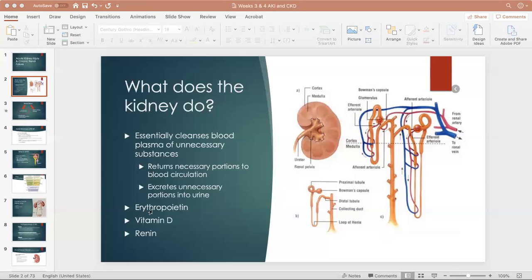Okay, the other thing that's really important that the kidneys do is they activate the vitamin D in your body, and I believe that it's the only organ or part of the body that does activate that vitamin D. And that vitamin D is necessary for calcium absorption.